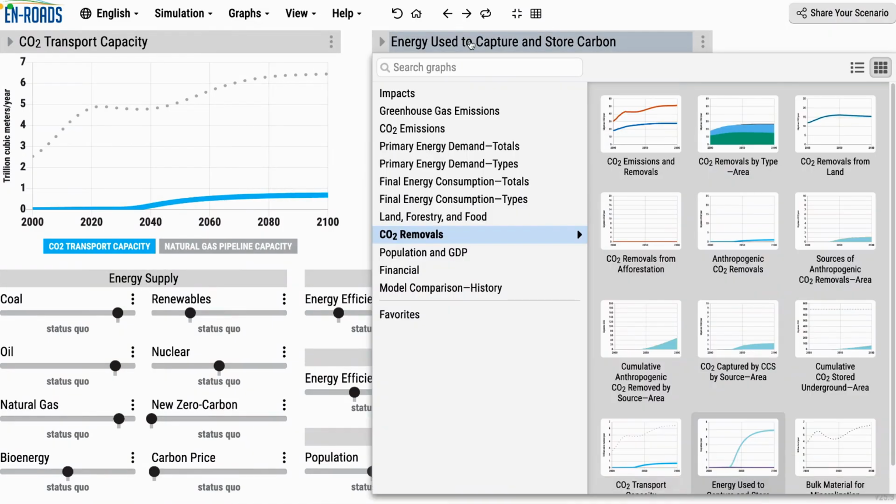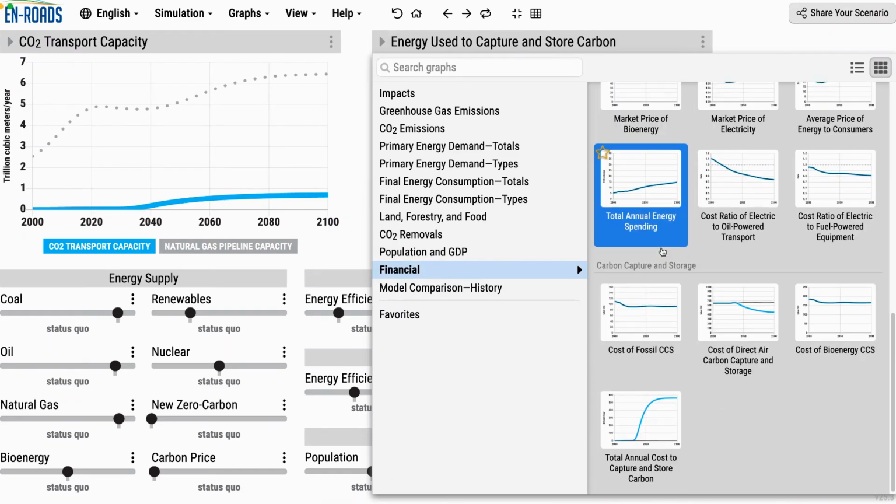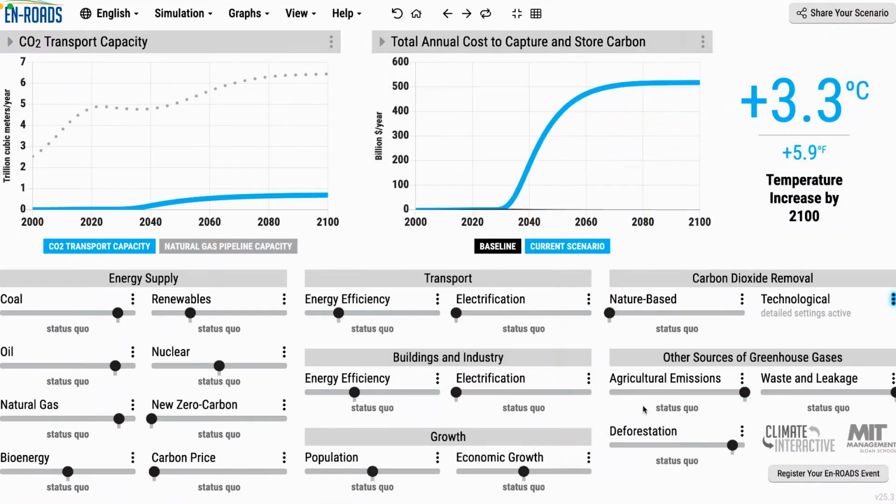Another important factor is the total annual cost. Under financial, how much money is being spent to capture and store carbon here in billions of dollars per year. And one could compare this to the GDP of various countries or the size of the overall offset market in various ways to get a sense of perspective here.